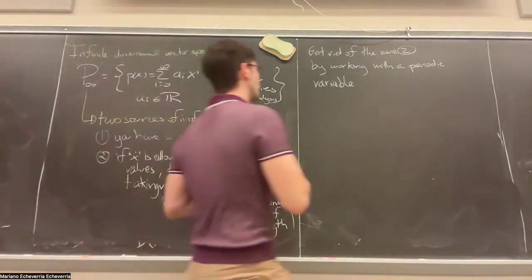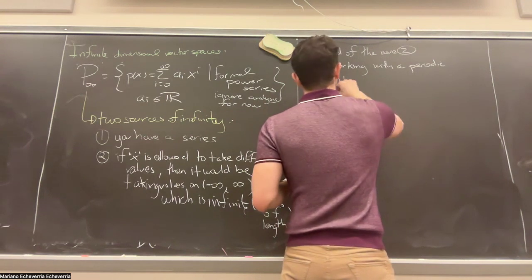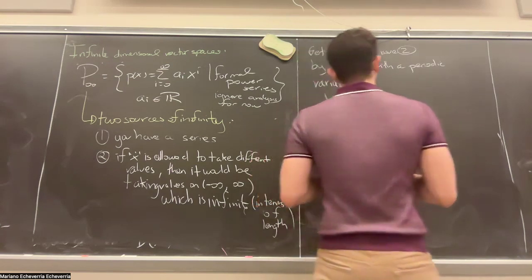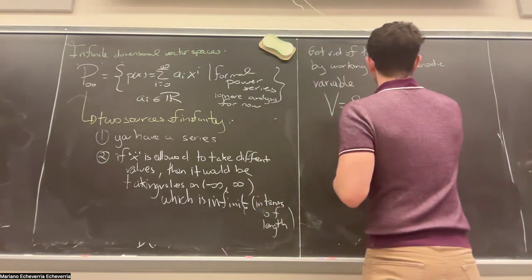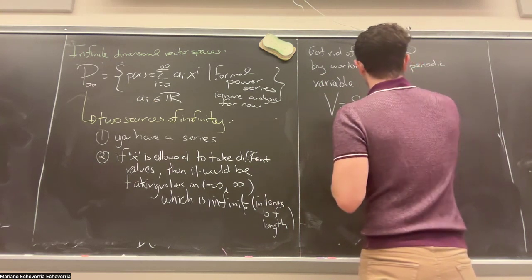So for example, let's call this V, for vector space. Now I'm going to look at the functions, let's call them F for now, just to not be too biased.